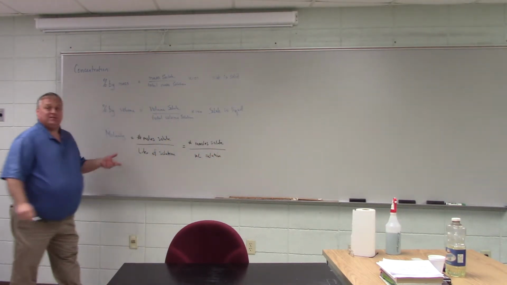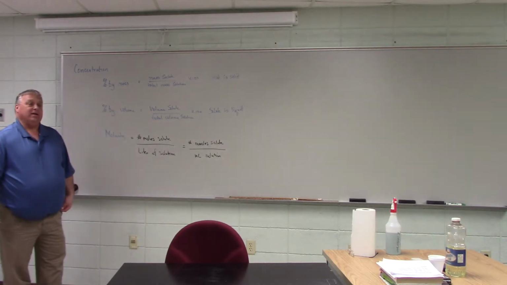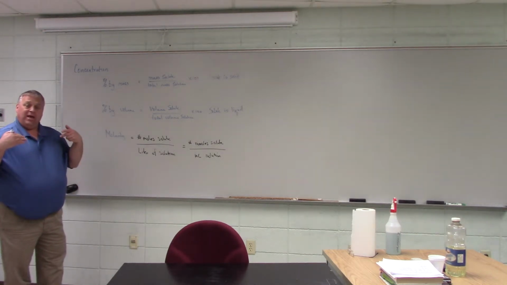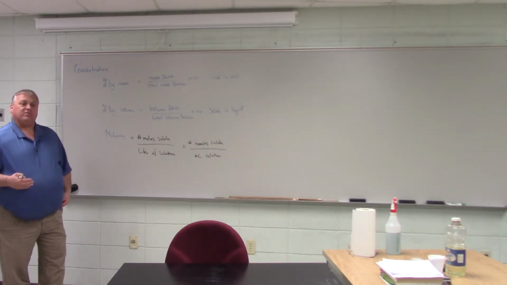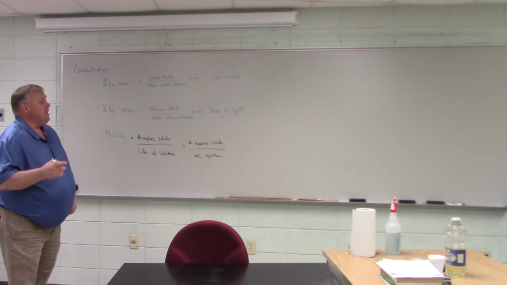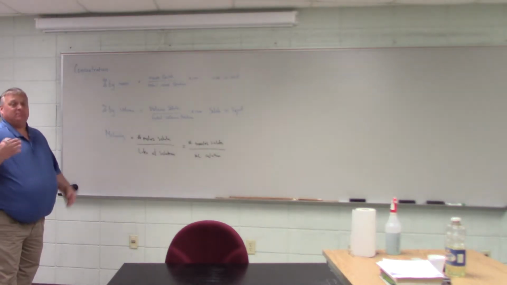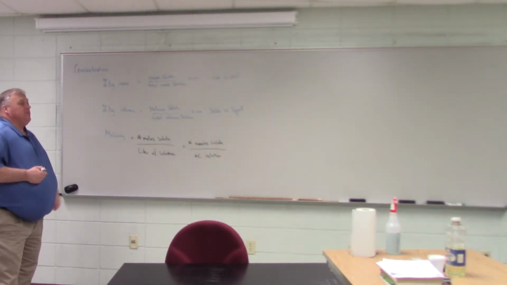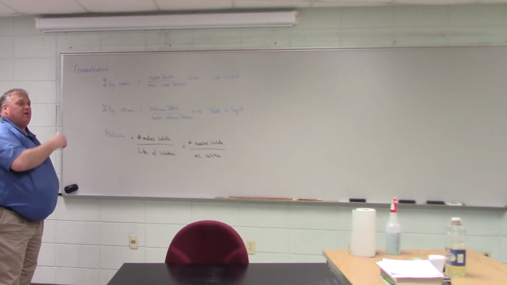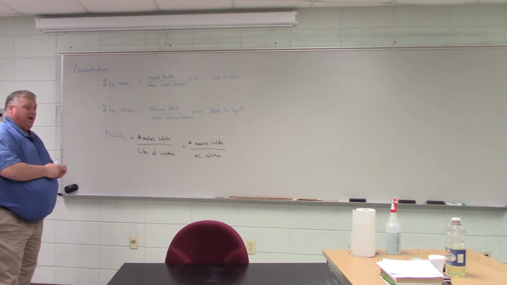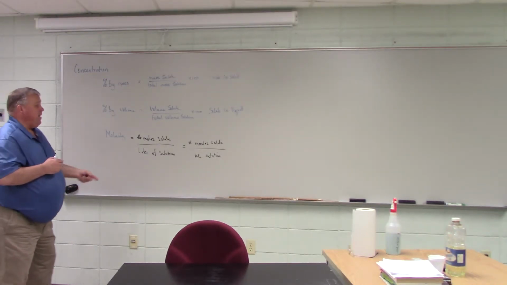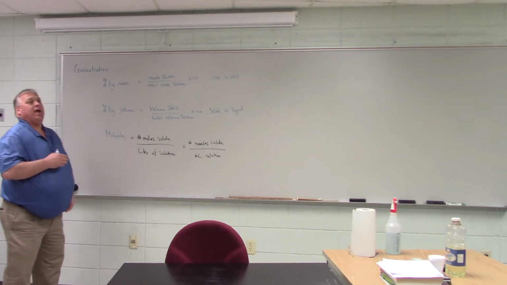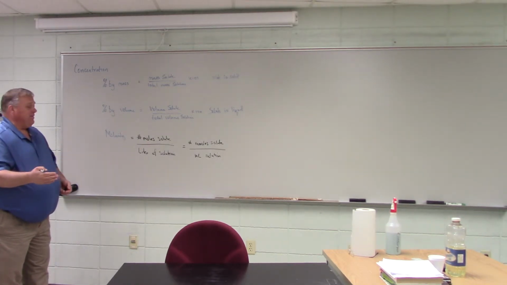In the case of molarity, we're looking at not a mass unit, but a mole unit for units of concentration. Because remember, in balanced chemical equations, the amounts that we use to balance our equations are based on the number of moles or the number of molecules. We can get to the number of molecules from moles, and we use moles predominantly in balancing those equations.